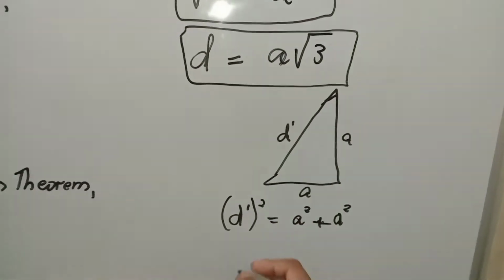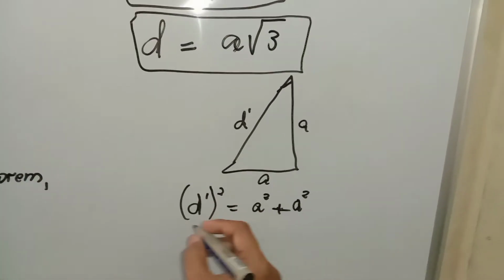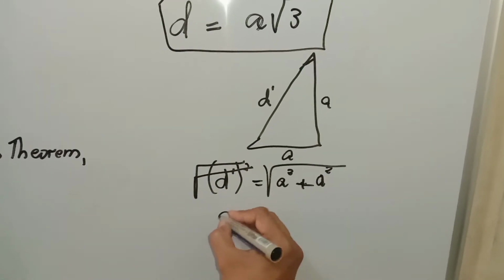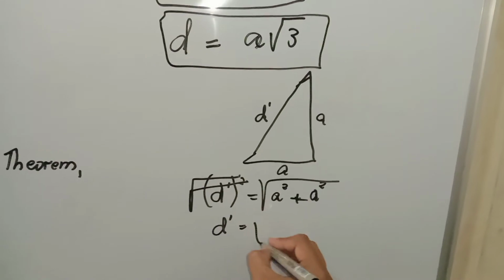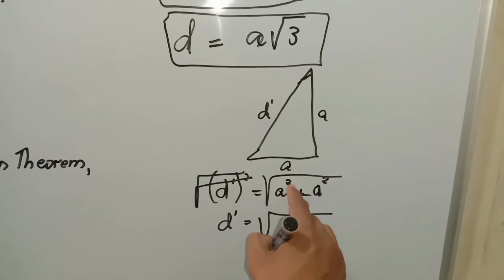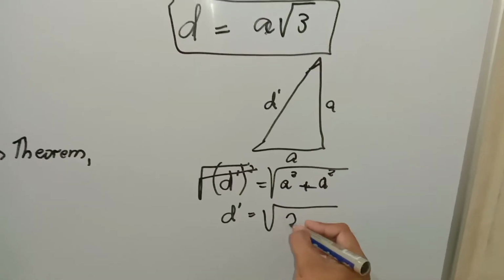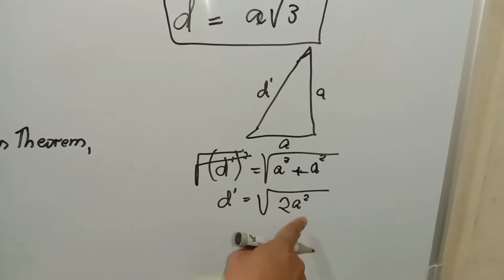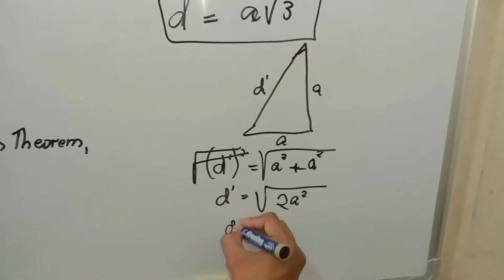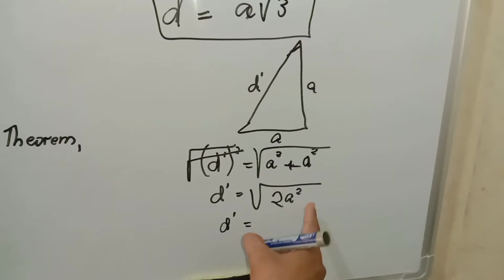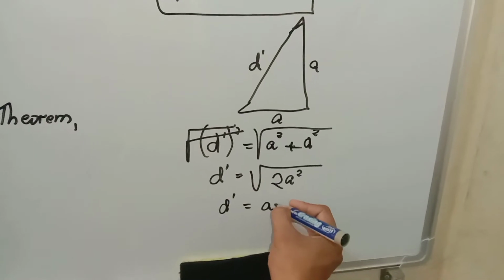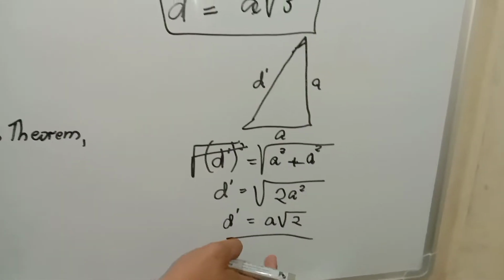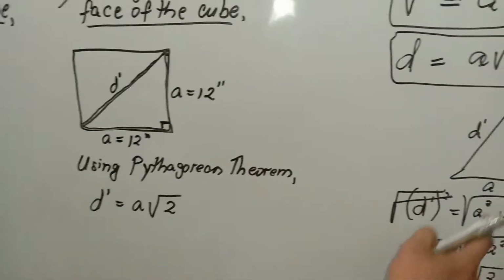Taking the square root, D prime is equal to the square root of 2A squared, which is A times the square root of 2. See guys, how to derive this formula based on the Pythagorean principle.